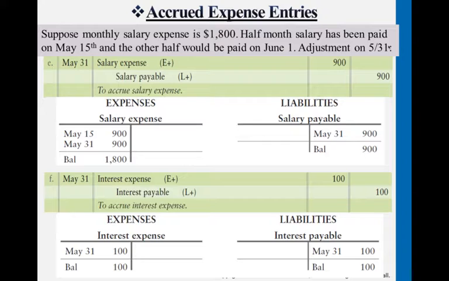So for each and every journal entry, we have two. Remember that whenever you have journal entries occurred, you have to open up the T accounts that represent those journal entries. So you have an interest expense account and an interest payable account. Remember, expense is an equity account, and it has a balance on the left side. Equity accounts regularly are on the right side for revenues, for retained earnings, for common stock.